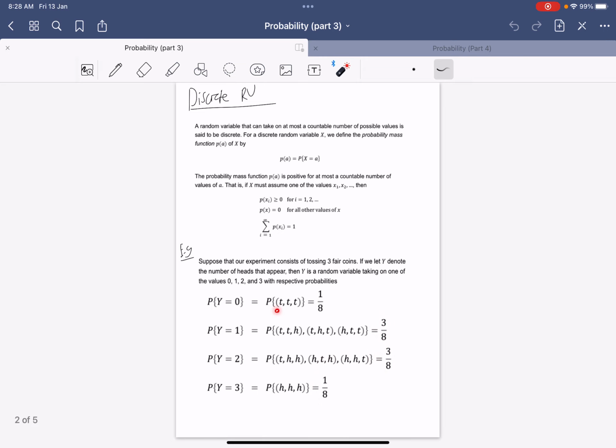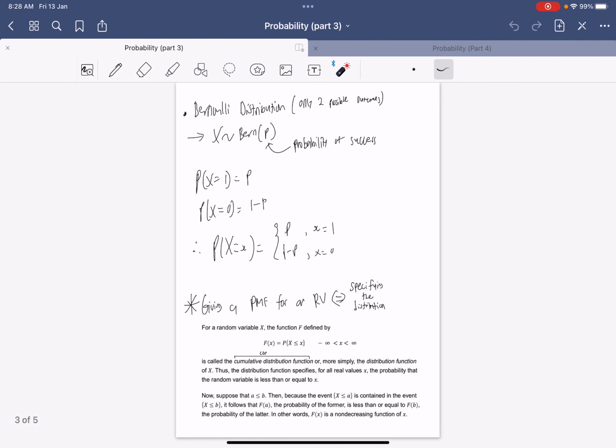That's because to have 0 heads, you must have all tails, which is one half cubed. Similarly, you can work out the rest. I hope it's clear what a discrete random variable is.